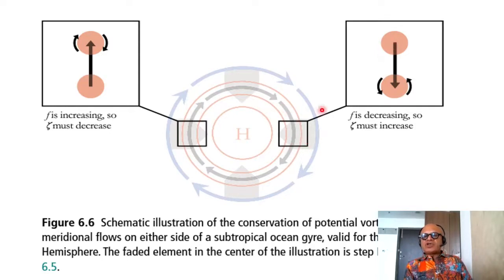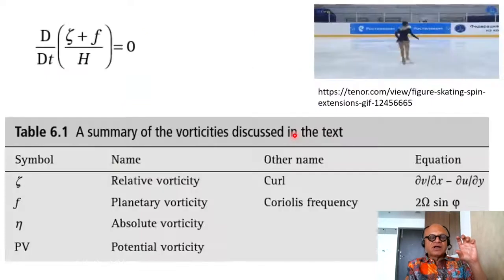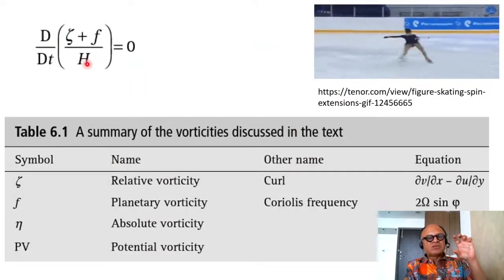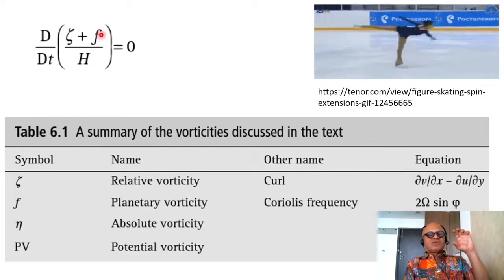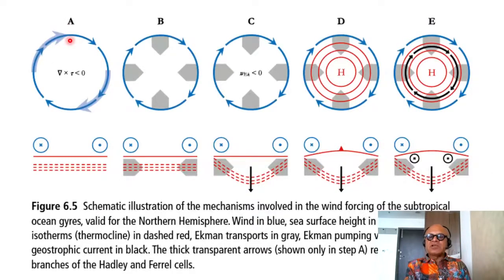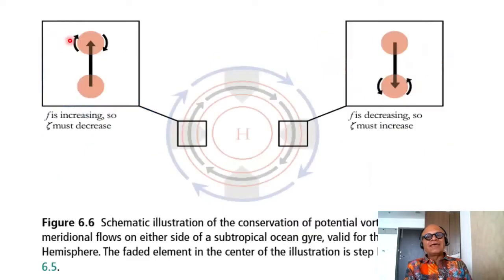Obviously it is going towards decreasing F, okay, which means if H is approximately constant in our potential vorticity expression, if you decrease F to conserve zeta plus F over H, we have to increase zeta, which means the water parcel has to acquire a relative vorticity of the opposite sign.